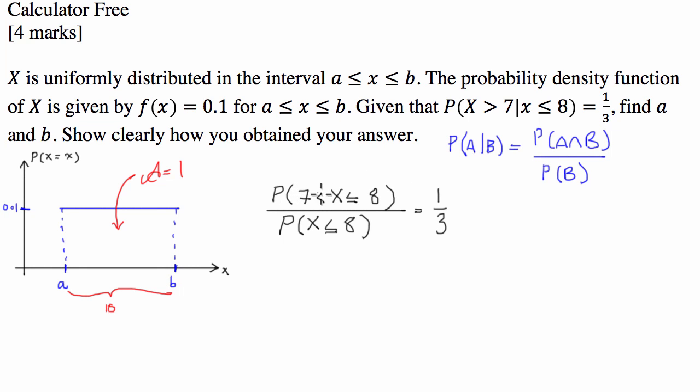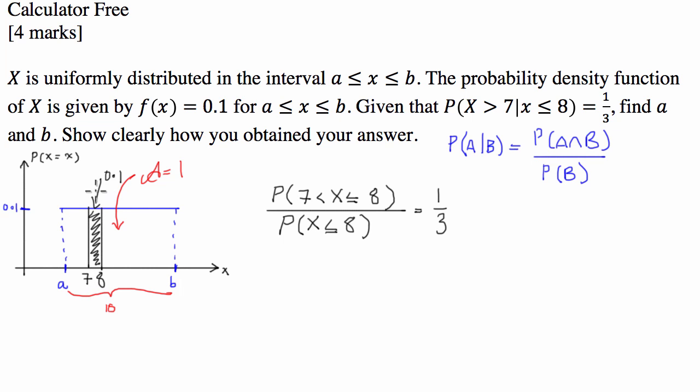Cool. So now we have the domain in the numerator of this function. We've got a probability between 7 and 8 on the x-axis. Now, we don't know where the endpoints of our domain are, but we do know what the height is. So if we say 7 is here, and 8 is here, this area in here is going to be equal to 0.1, because we have a rectangle that's 0.1 high and 1 wide. The difference between 7 and 8 is 1.